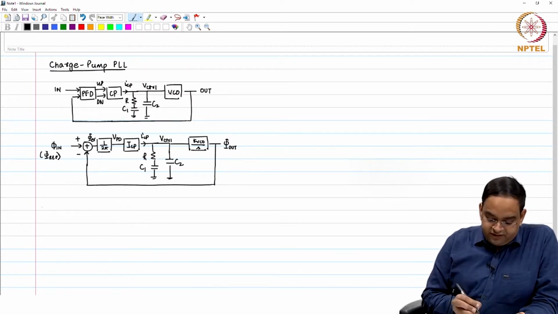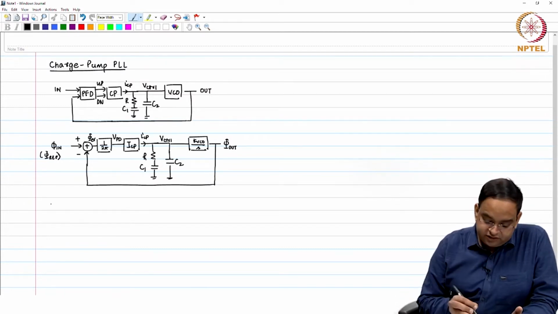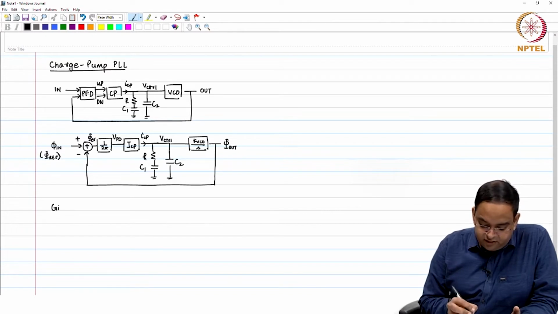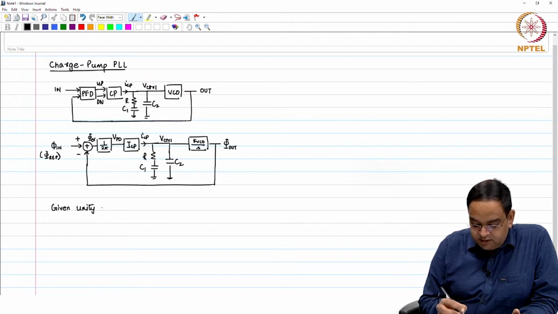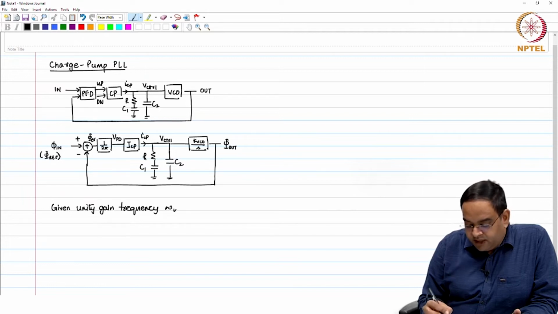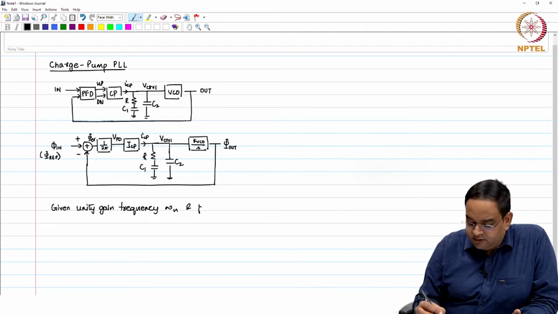So, what we said in the procedure was that you need to be given, this is important, given unity gain frequency omega u and phase margin phi m.